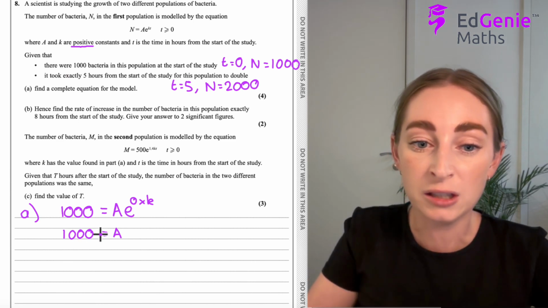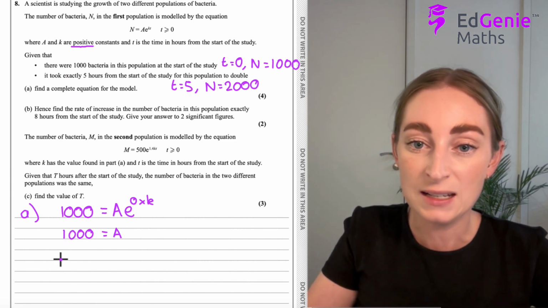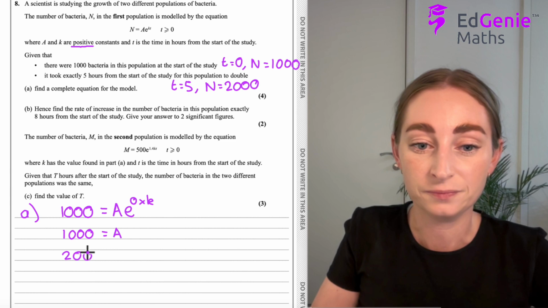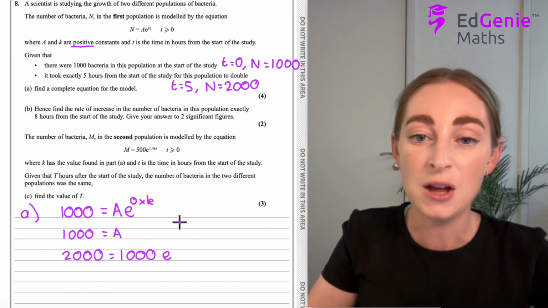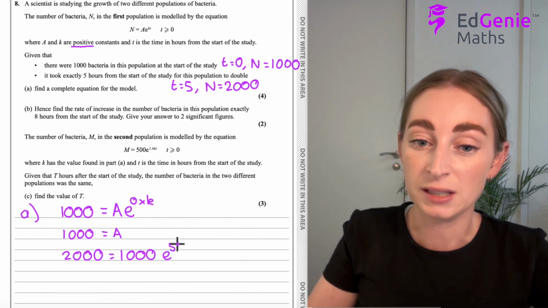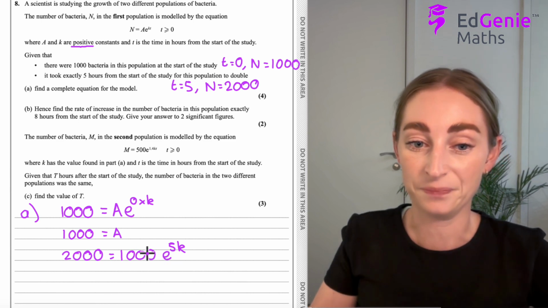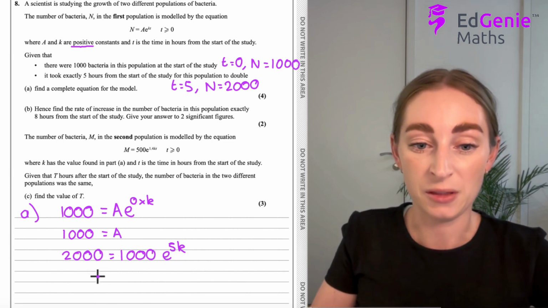Let's find the other value. So when n is 2000, we know A now is 1000, and e is to the power of k multiplied by 5. So let's put 5k. Divide both sides by 1000.